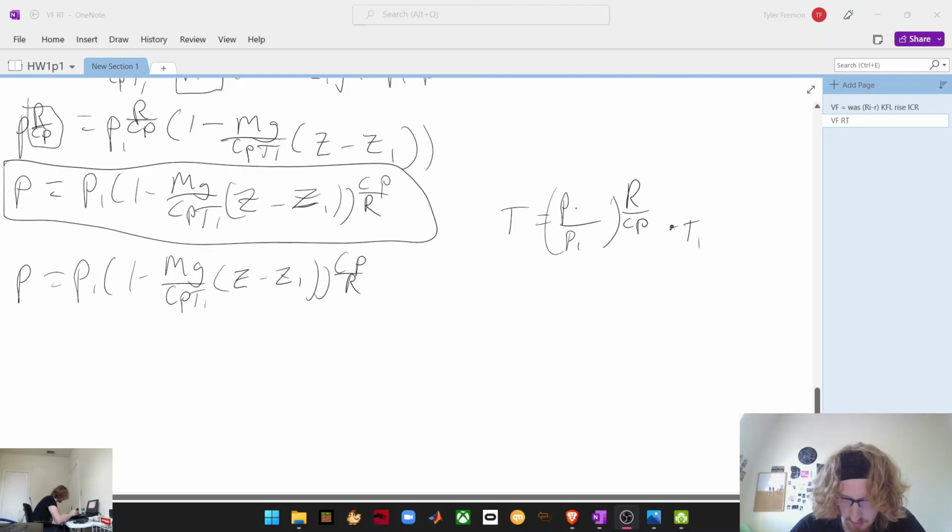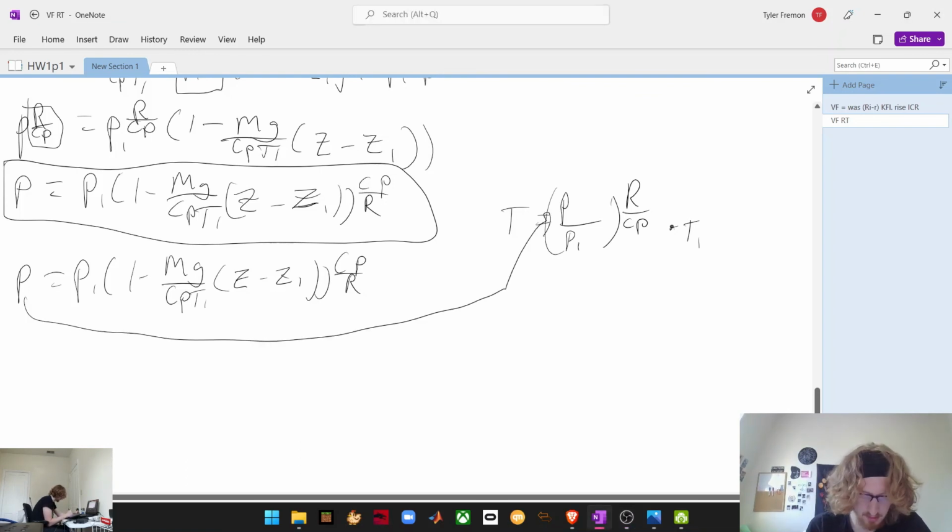I made a small mistake here. It's actually P over P1, not P1 over P. So we can substitute this expression in for P, and you'll notice that our exponents will conveniently cancel, and our P1 will conveniently cancel.